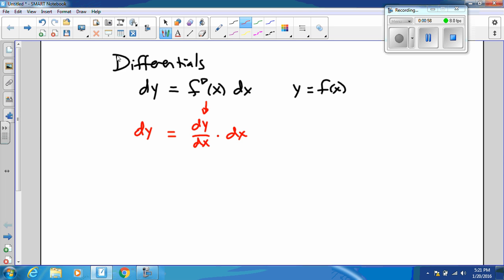That isn't really what's happening here, but that concept is so good that it is a useful way to think about it. So we have rate times change in x equals change in y.